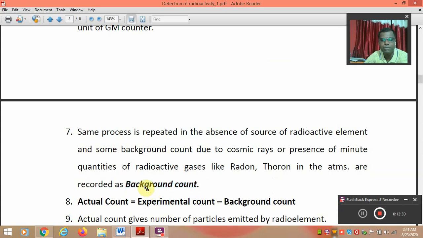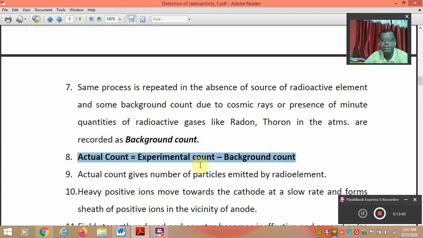Since the background count is in the absence of a radioactive element, the actual count can be calculated by taking the difference of these two: experimental count minus background count. This value will be smaller than the experimental count, because in the experimental count there is a contribution of both the radioactive element and any other radioactive element present in the atmosphere.